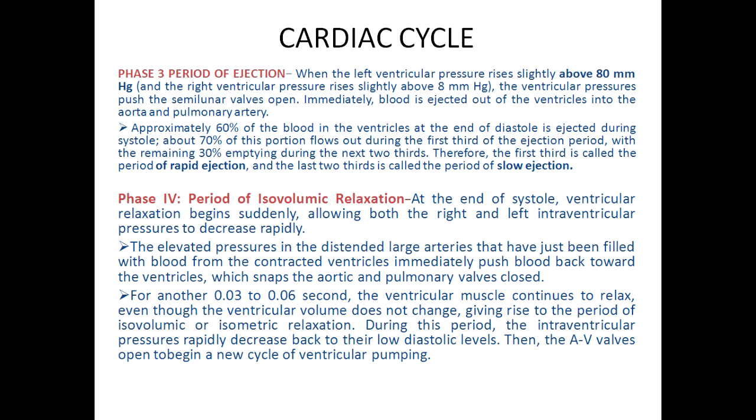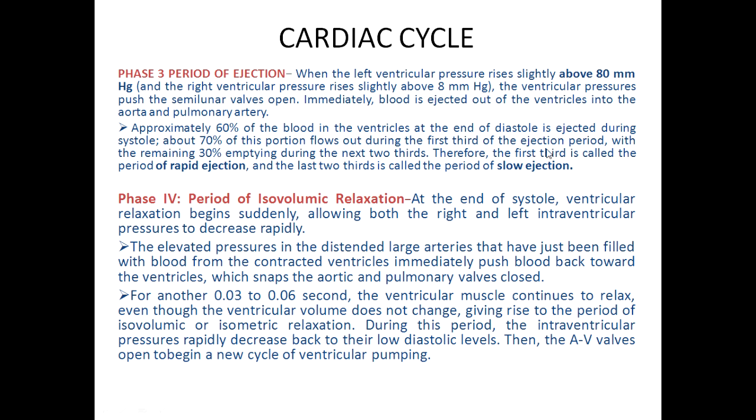Okay. So what is this period of ejection, with rapid ejection and slow ejection? It's very simple to understand. Approximately 60% of the blood, how much? 60% of the blood in the ventricles at the end of the diastole is ejected during the systole.